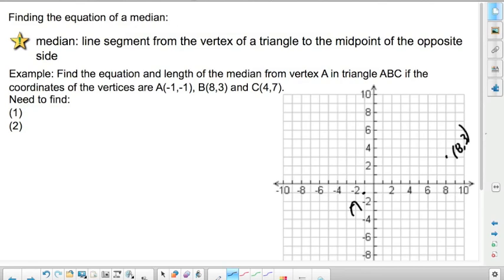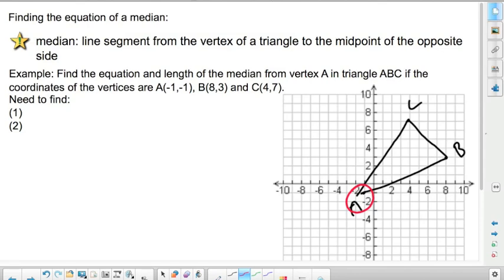And C is (4, 7). Okay, so there's my triangle, ABC. So we want from vertex A, we'll go from vertex A.